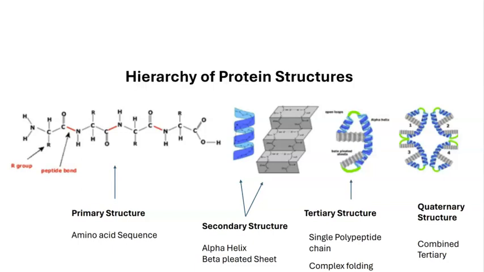The primary structure of a protein is the order of the amino acids in the polypeptide chain.